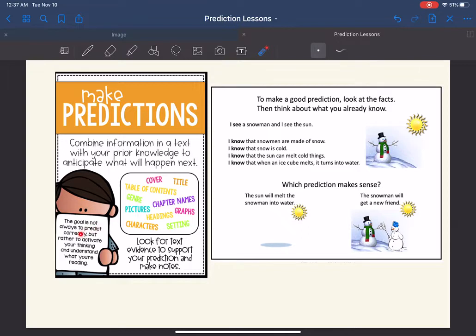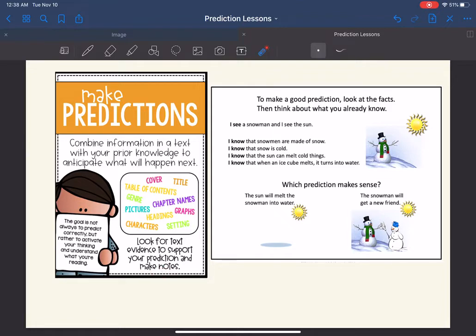The goal is not always to predict correctly, but rather to activate your thinking and understand what you are reading. As it was modeled for you, you're going to look for text evidence, which is clues, to help support your predictions, and then you're going to jot and make some notes of that.